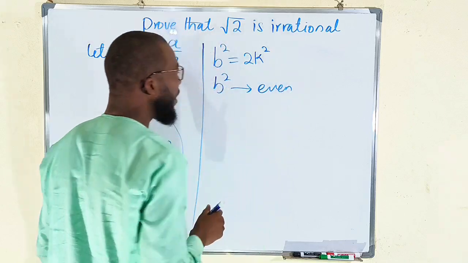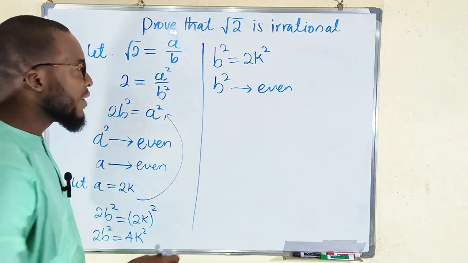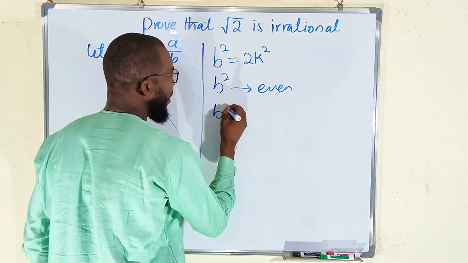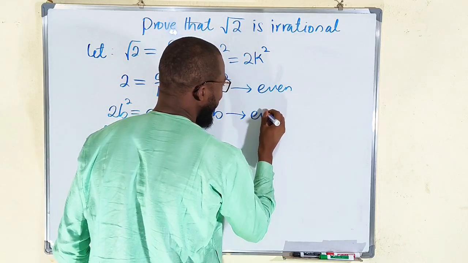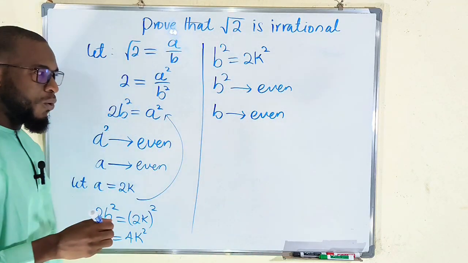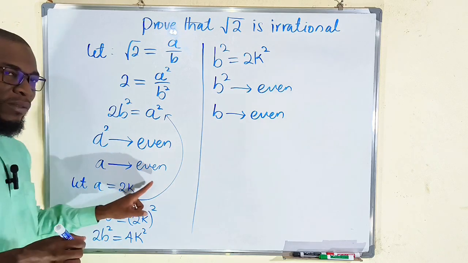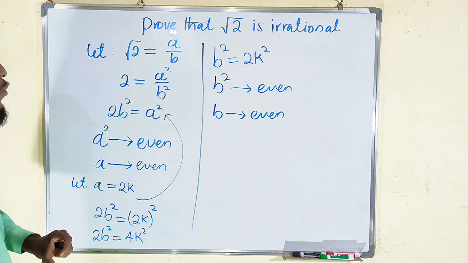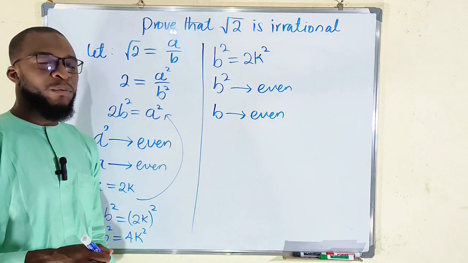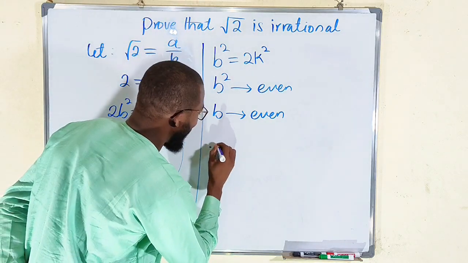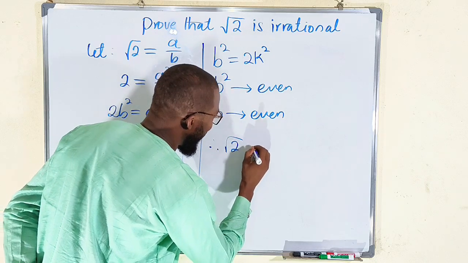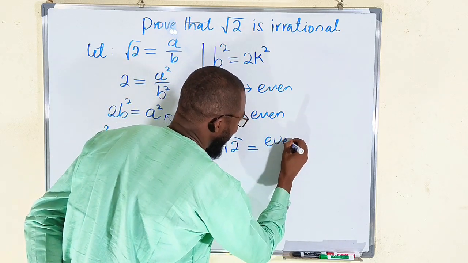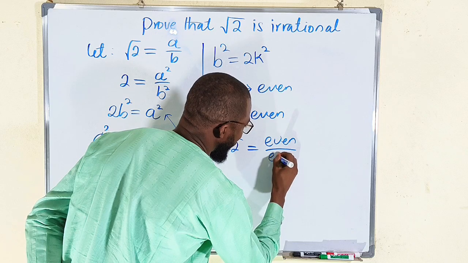If b squared is even, it implies b is also even. Okay, if a is even and b is even, it means that the square root of 2 is equal to even divided by even.